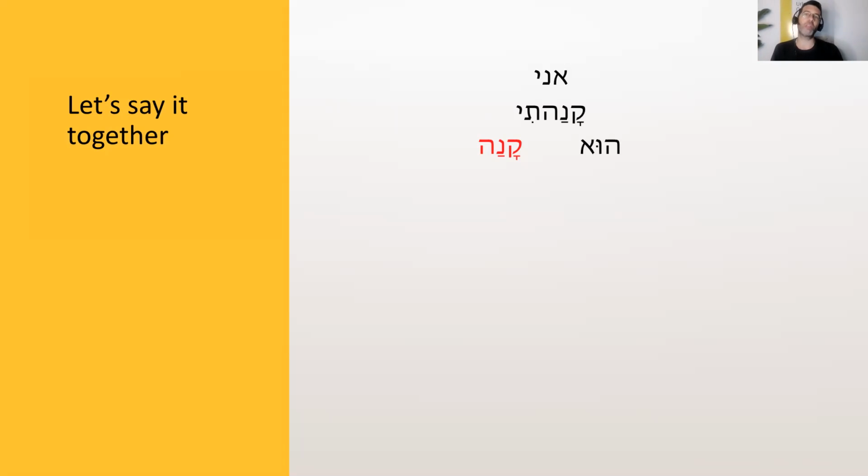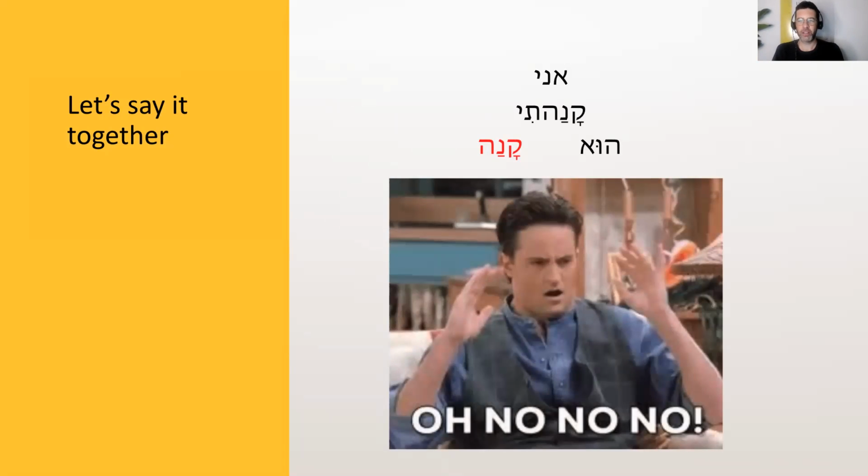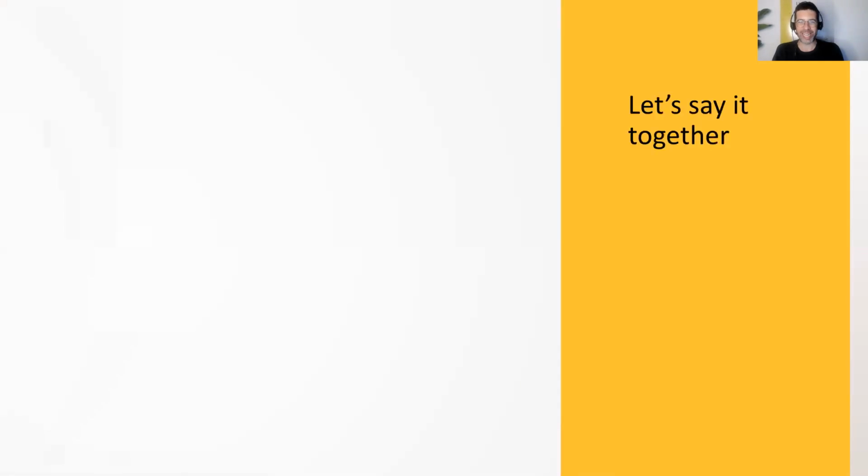So whenever there's supposed to be a hey in a verb, we put a yud instead, which forces us to change the vowel of the letter before. So instead of kanati, it becomes kaniti, a e sound. I know it's a bit weird, but that's how it works. It's not kanati.